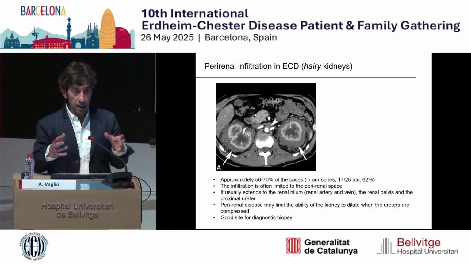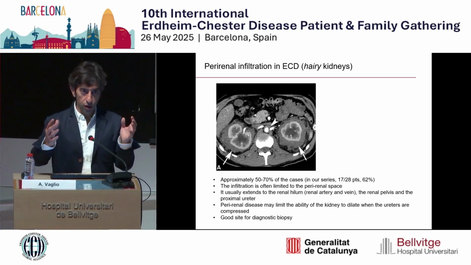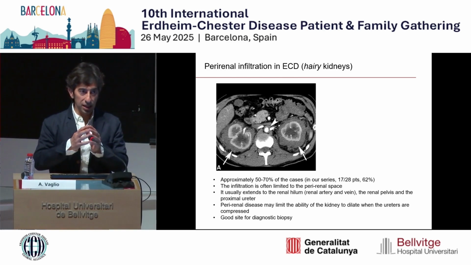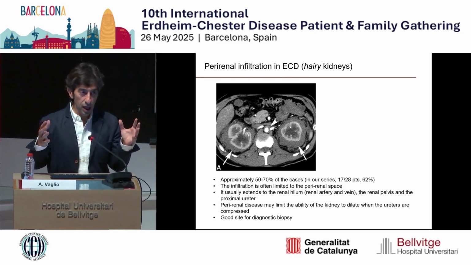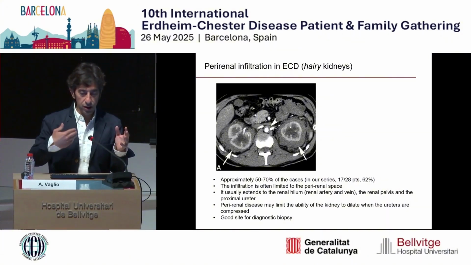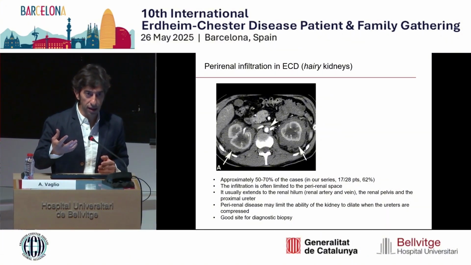The problem is that if you have all of this tissue around the kidney, this also probably limits the ability of the kidney to dilate. And this is an additional reason, an additional cause of injury to the kidney itself.